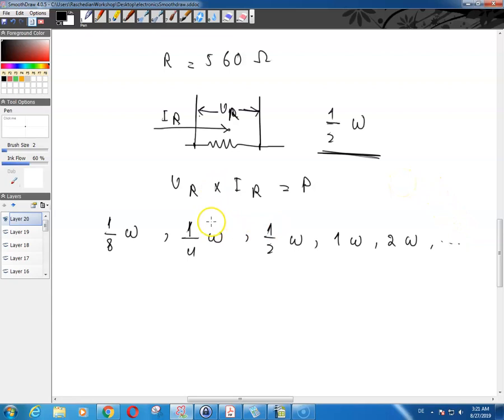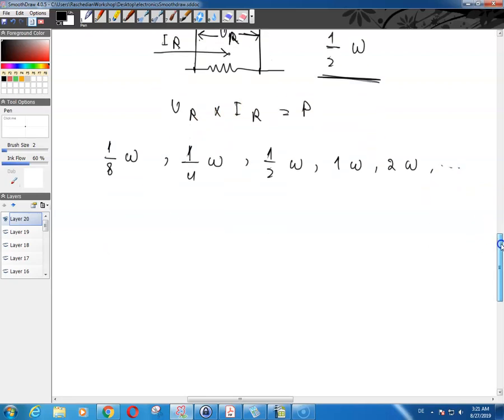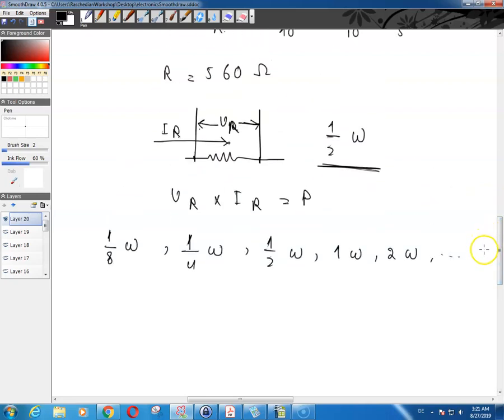So now you want to know, in the example that we did before, what sort of resistor should be chosen for a circuit.